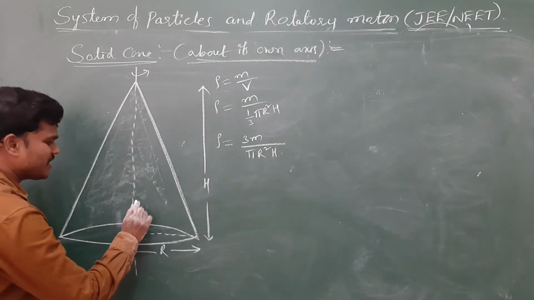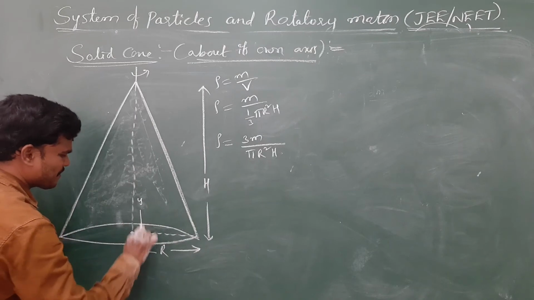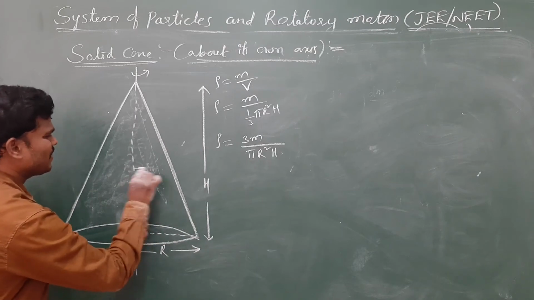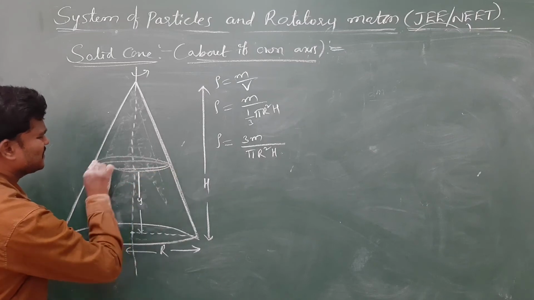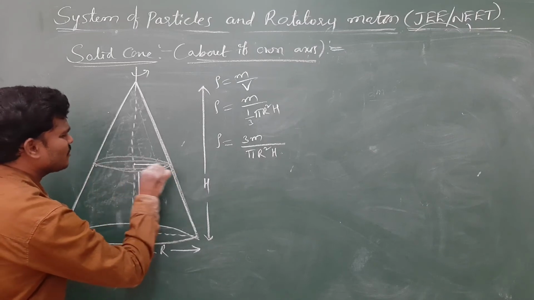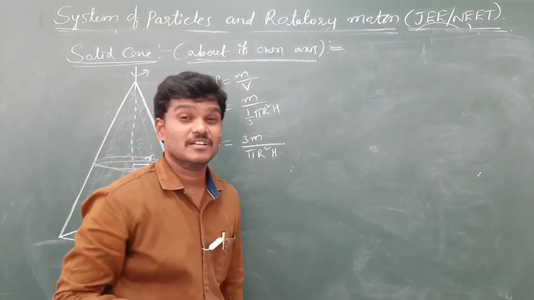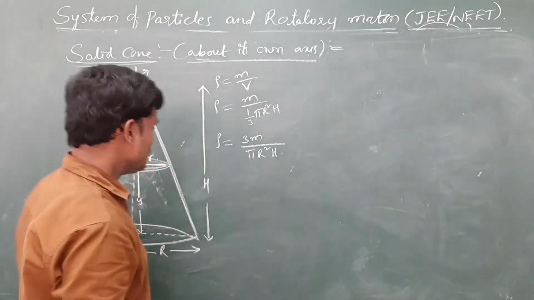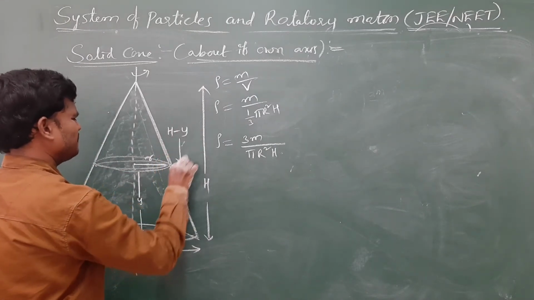Again, to solve this type of question, at a distance of something y, you take a small part. Cut the small part, which has some radius r. That small part looks like a circular disc, at a height of h minus y.